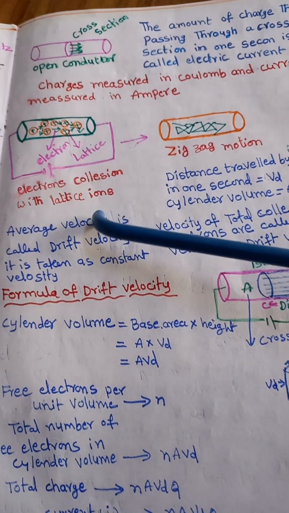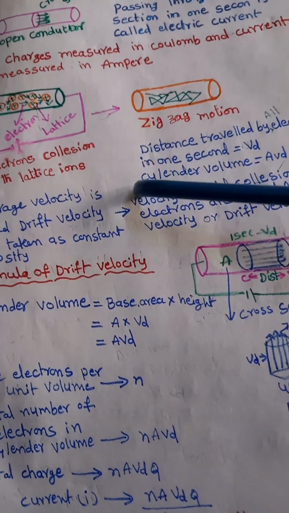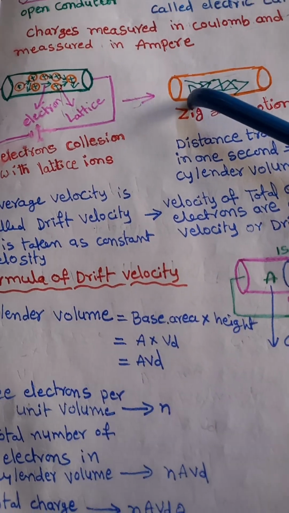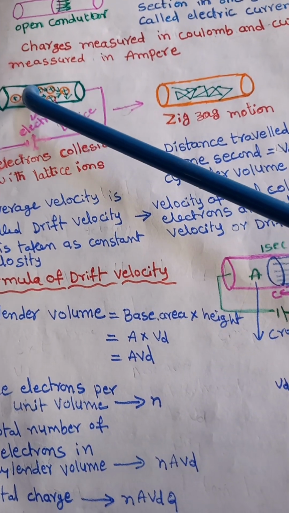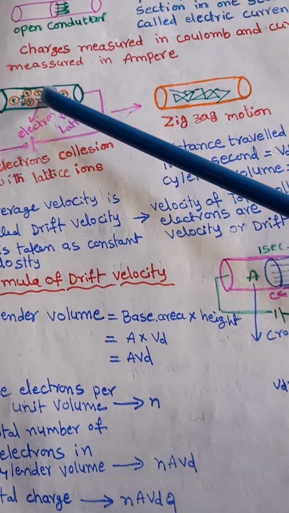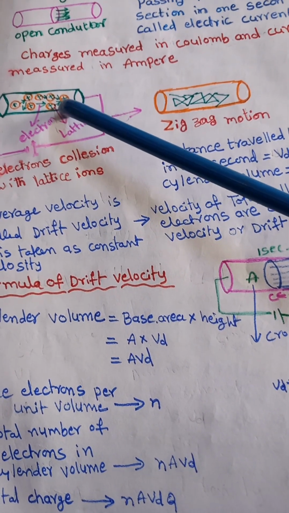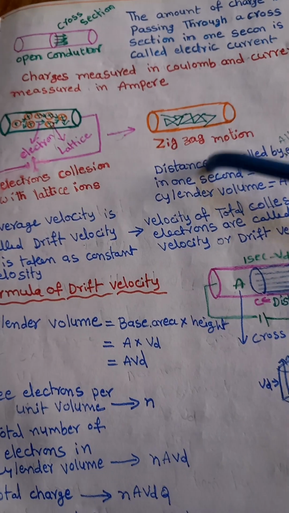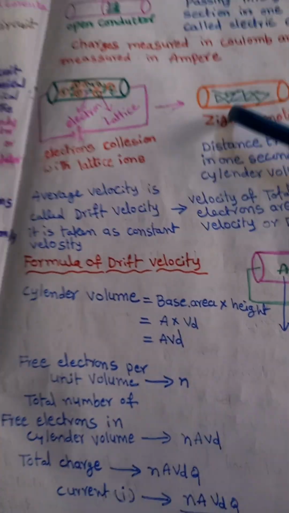So the motion of the electrons is a zigzag motion. The electrons move from one place to another place, and then to another place, in a zigzag motion in the conductor.